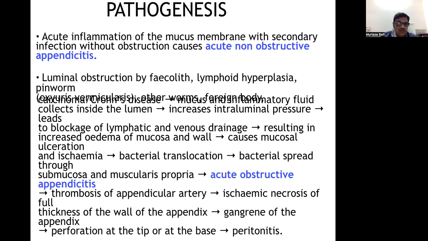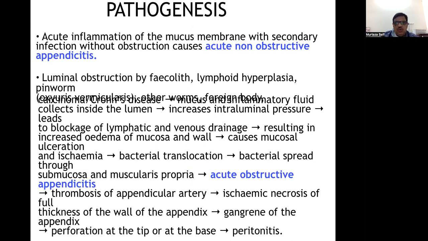Pathogenesis: acute inflammation of mucous membrane with secondary infection without obstruction causes acute non-obstructive appendicitis.